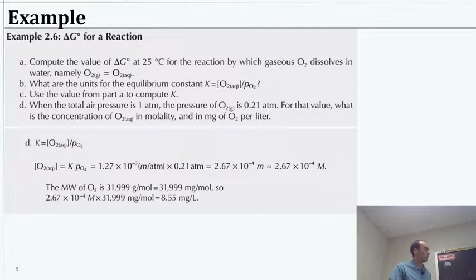Likewise, if you get colder water, and we could potentially calculate that, go all the way down to 1 Celsius or something, we're going to increase the amount of oxygen that dissolves in the water.